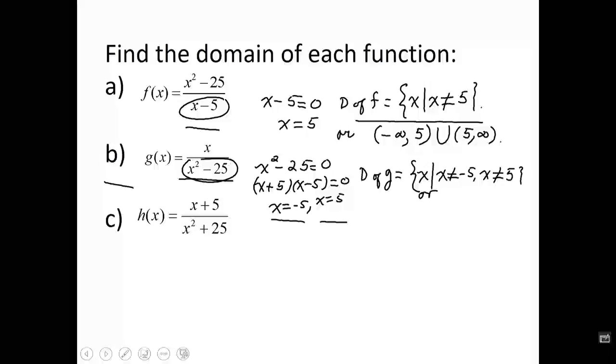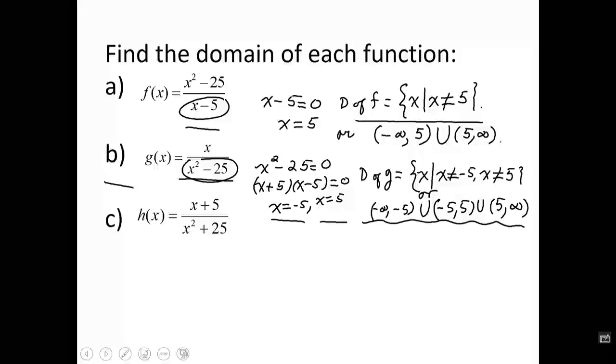Using interval notation, we can also represent the domain as the set of all real numbers less than negative 5, union from negative 5 to 5, union all numbers greater than 5. All right, so this is the domain expressed in what we call interval notation.